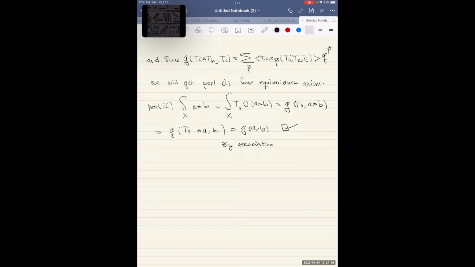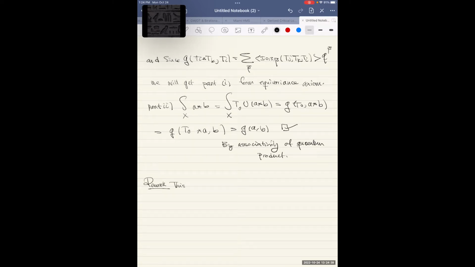of quantum product. Okay, so what is the implication of this? The remark is the following.